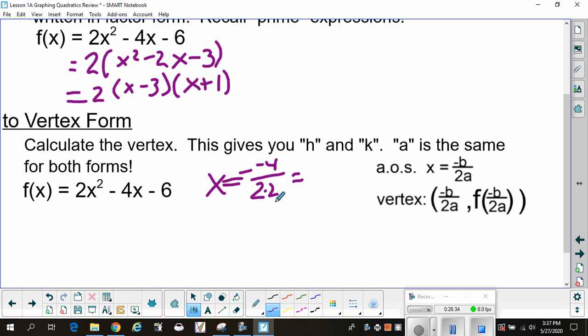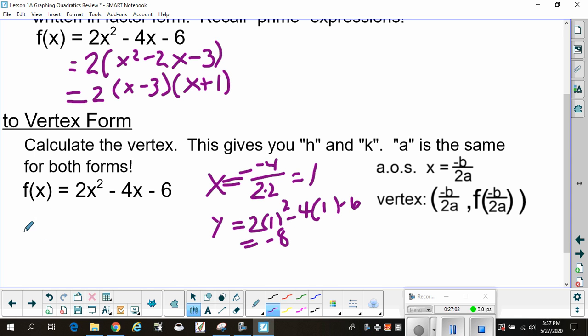That's going to give me 4 over 4, or 1. And then y is going to be equal to 2 times 1 squared minus 4 times 1 minus 6. This is going to be 2 minus 4 is -2 minus 6 is -8.